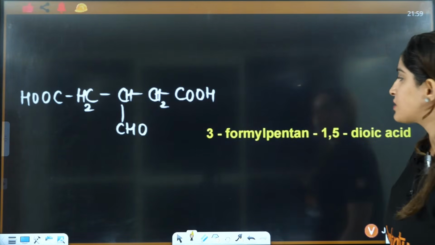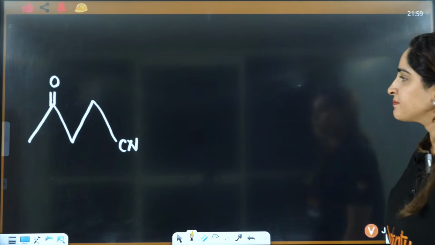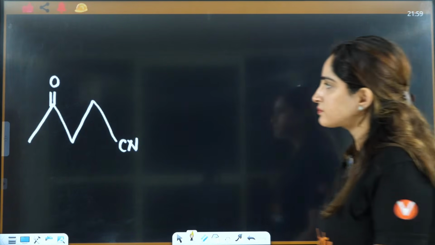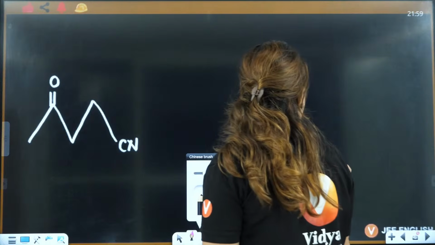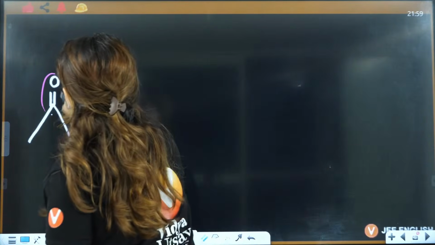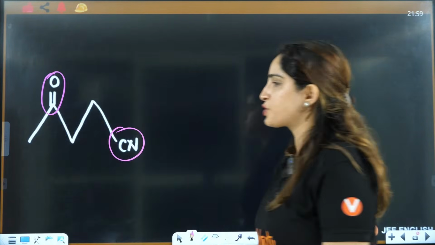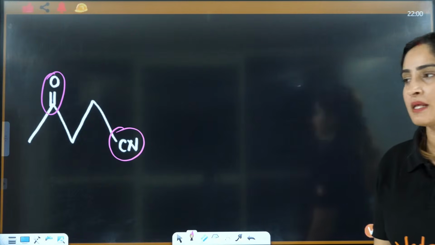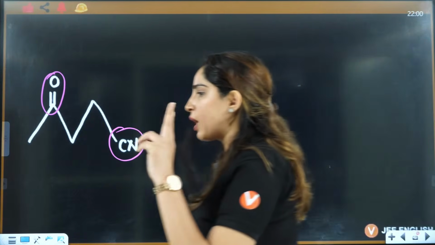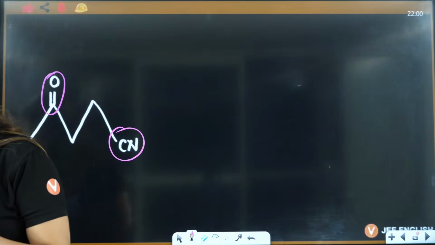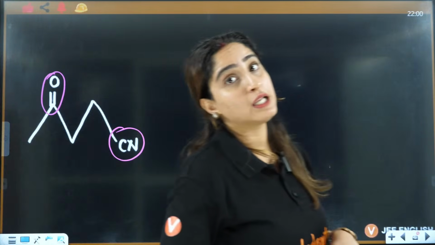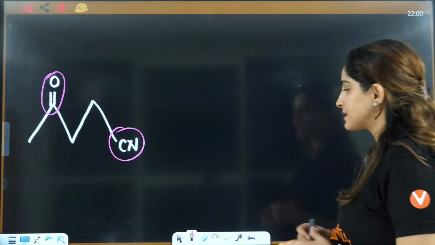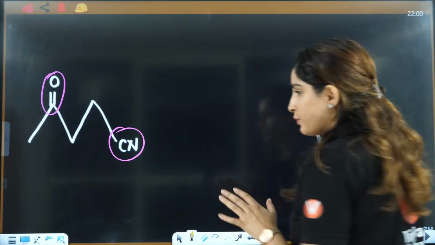So now if you see this one, you have two groups here, CO and CN. Now tell me which one it will choose.